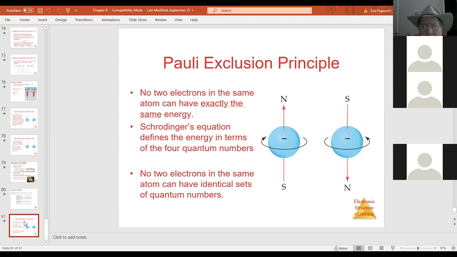The M sub s will dictate different energy levels depending upon whether the spin is going with the magnetic field or against it. Because anytime you have a charge that is spinning, you create a magnetic field. Depending upon whether it's with it or against it, you can have a positive or a negative effect on the energy for that particular electron.